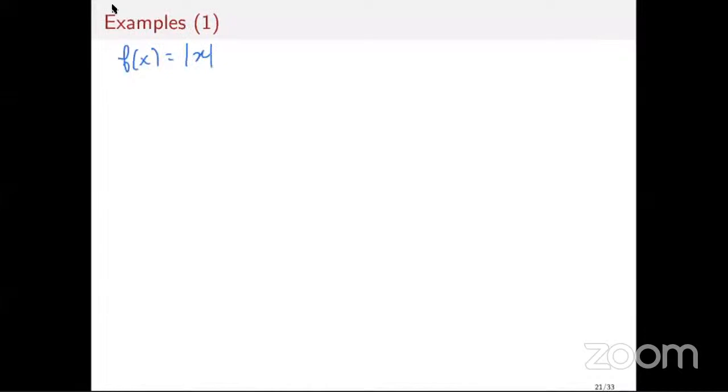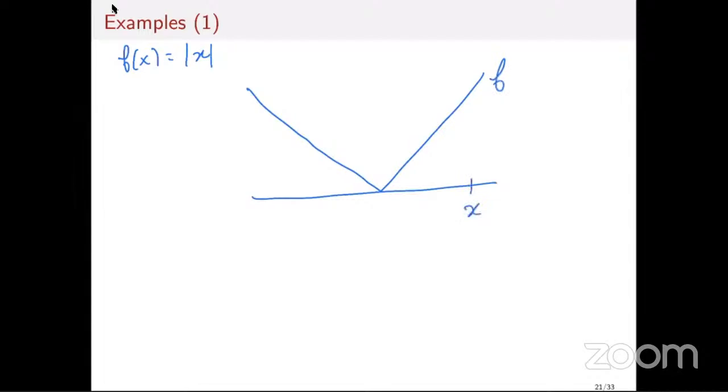Obviously, if I take a point x that is positive and I want to construct a global lower bound on f, it is easy to see that the slope of this line has to be equal to 1. There is no other way.